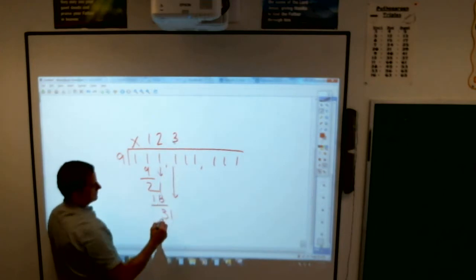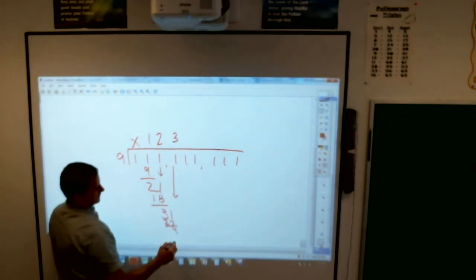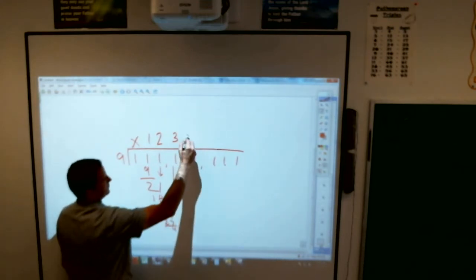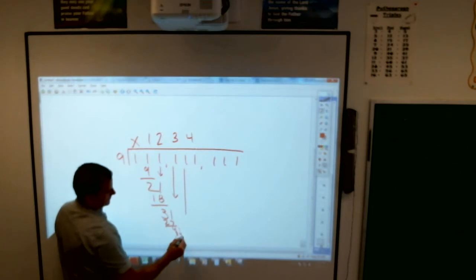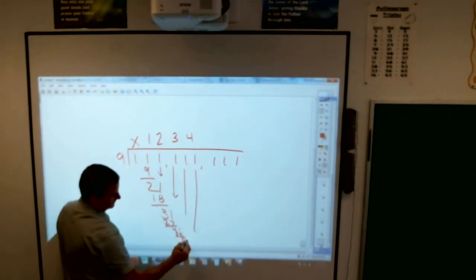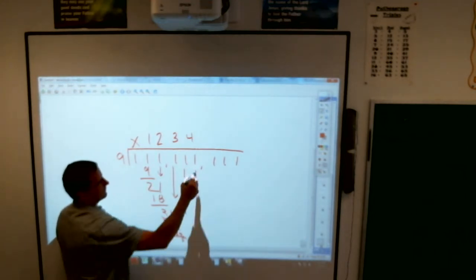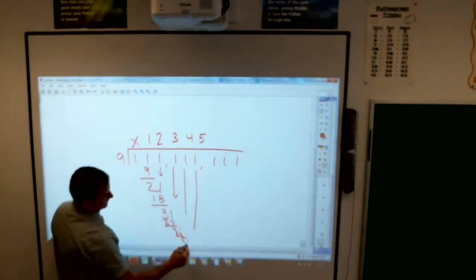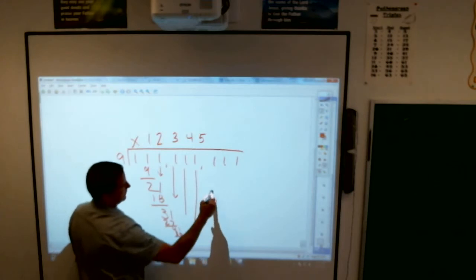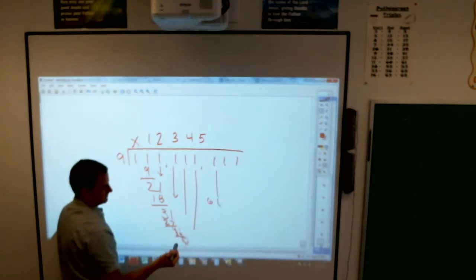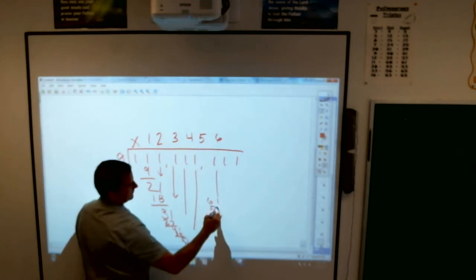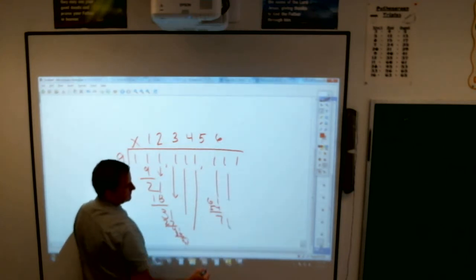Which is, oh, I need to write smaller. Goes into 41, 4 times, which is 36. Goes into 51, 5 times, which is 45. Which gives me a 6 left. Goes into 61. Oh, look at that. 54. Goes into 71.